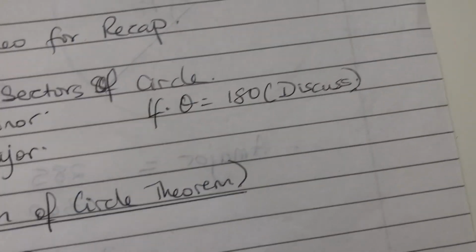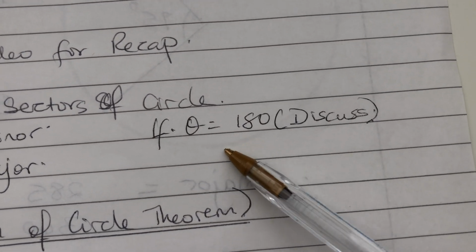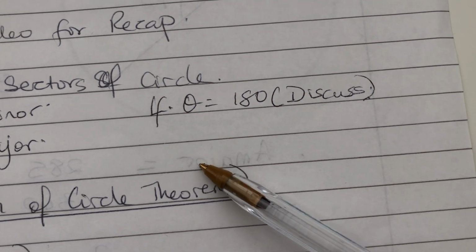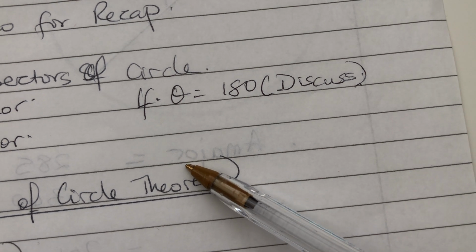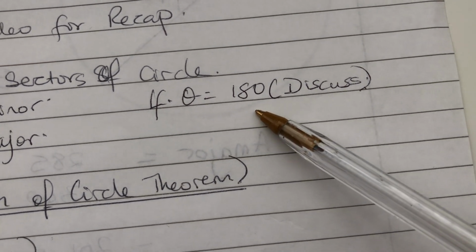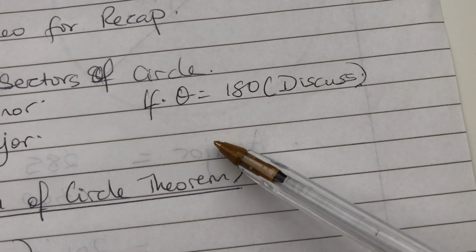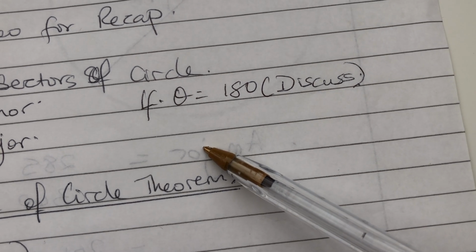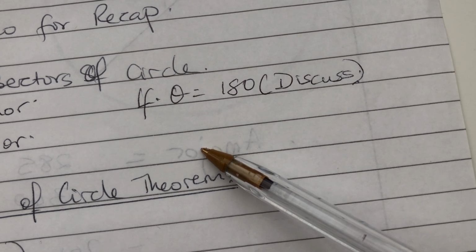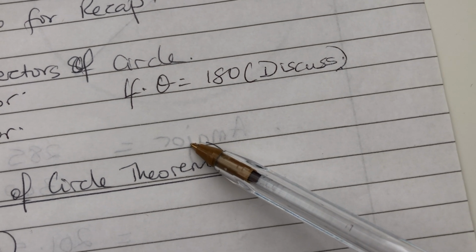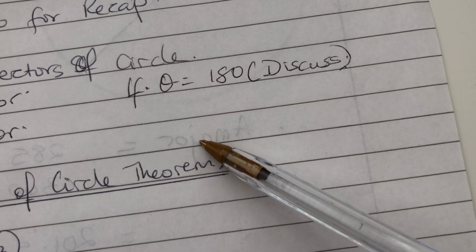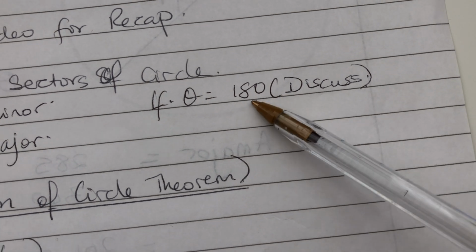Now, if the angle is 180, then you have a semicircle. That is half. So that means you have the diameter. So you can find the area using pi r squared, and then halve it. So that would be the semicircle.